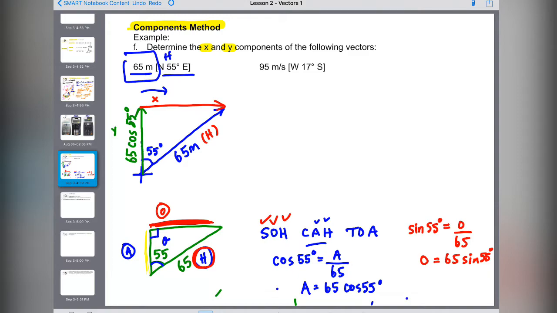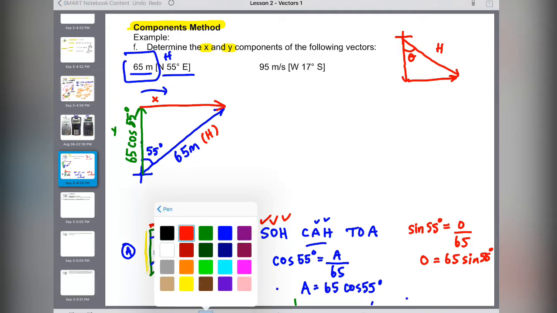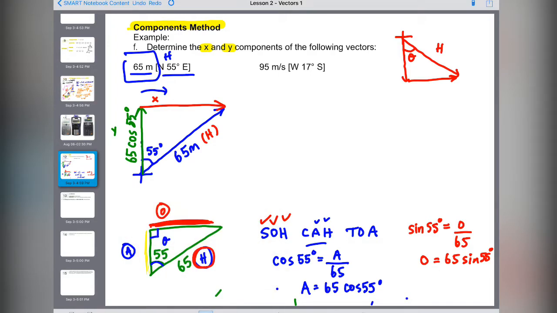So the rule of thumb is whatever my vector is, I'm going to say my vector hypotenuse is here, and if I say this is angle theta, to find the component, the general rules are: if I want the opposite, it's going to be the hypotenuse times the sine of theta, because opposite goes with the sine.